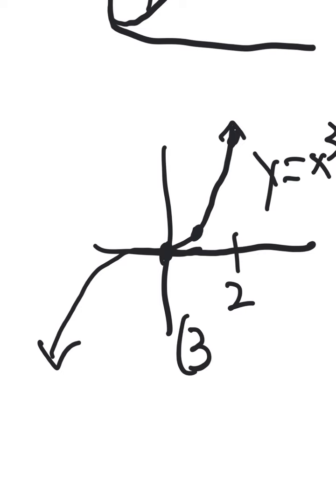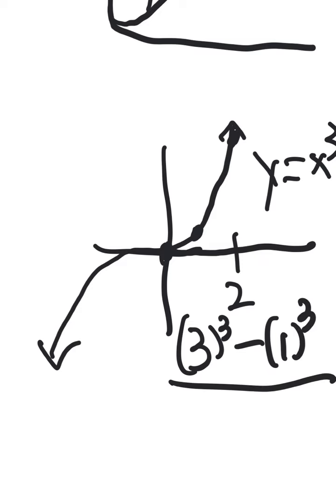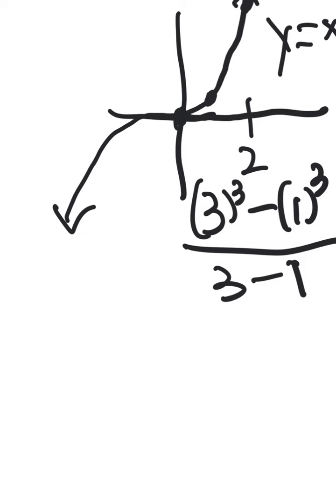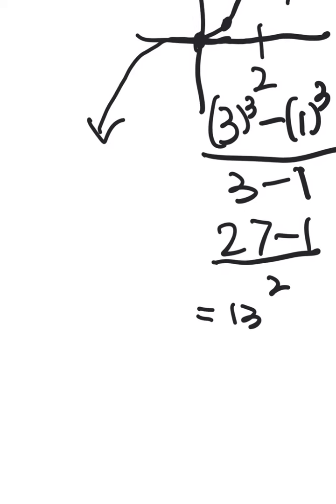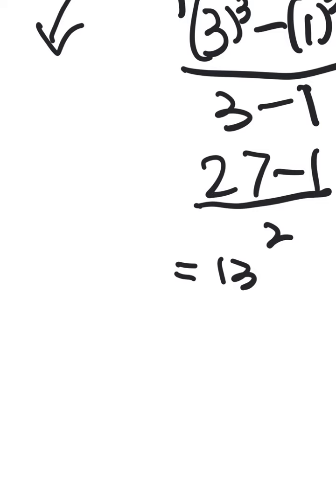So 3 cubed minus 1 cubed over 3 minus 1. And then that'll be 27 minus 1, which is 26, over 2. And 26 over 2 is 13. Now, that's just an approximation. That's not the actual slope of the line at this point.